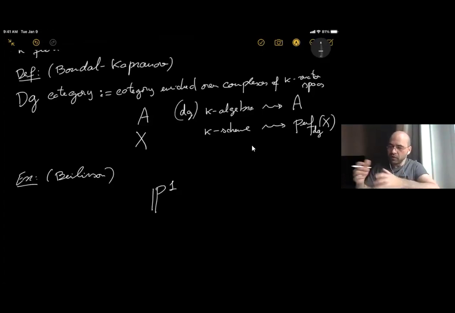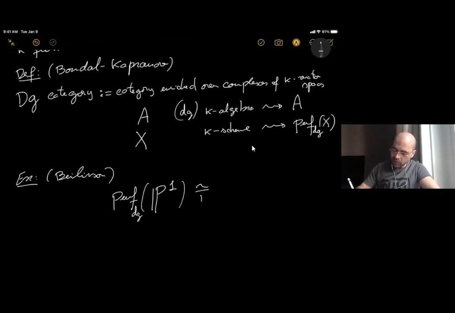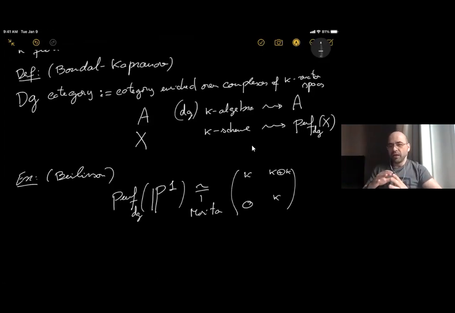But if you go to this derived setting, if you take these perfect complexes, then this turns out to be Morita equivalent to an algebra, but a non-commutative one. It's this algebra of matrices of this shape. So you see the projective line, which is not affine, in this world becomes affine, given by an algebra, but a non-commutative algebra, okay?